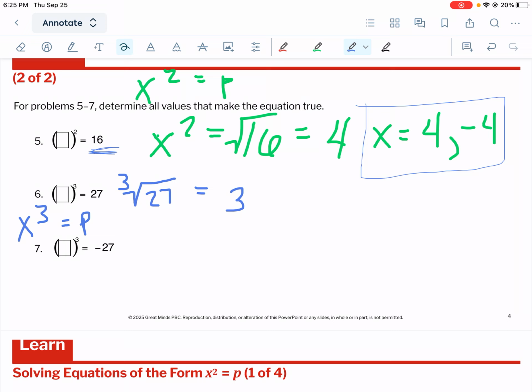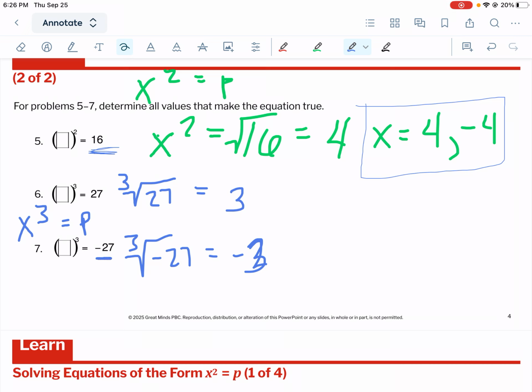But there's no such thing as saying negative 3 cubed is positive 27. That would not work, because negative 3 times negative 3 would give us a positive 9, times negative 3 again would give us a negative 27 for number 7. So we can still cube root negative 27, but our answer will be negative.